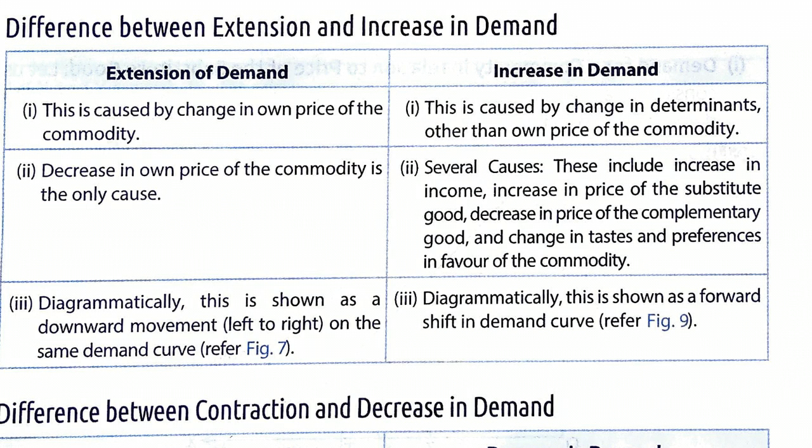Increase in demand is caused by factors other than price, such as the price of substitute goods, the price of complementary goods, taste, fashion, population, all these things. Second, decrease in own price is the only cause of extension of demand. For increase in demand, as we discussed, it is the price of substitute goods, decrease in price of complementary goods, taste and fashion.